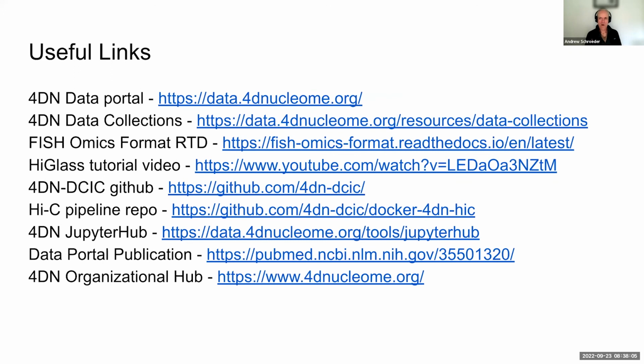So I wanted to wrap up by providing some useful links. These are links to a bunch of the things that I had talked about, various documents and the tutorials and sites that might be of interest to you as you're getting and using the Fordan data portal.